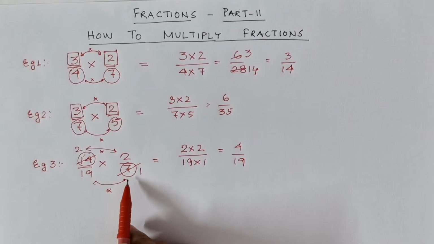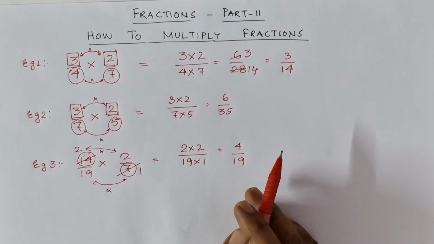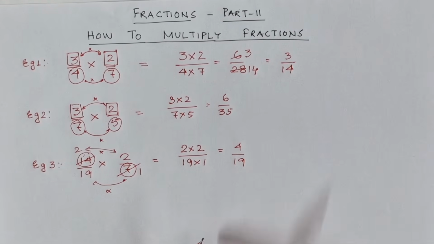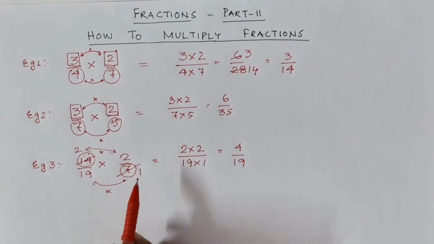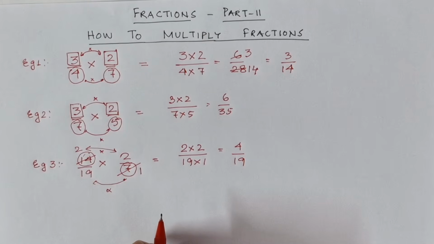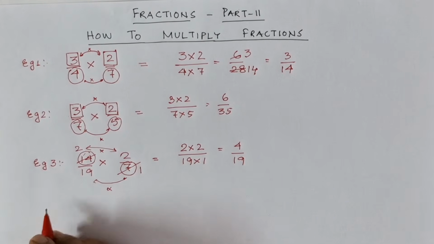So that could have given you what? 28 divided by 133. If you simplify that, it becomes 4 by 19. So it's always good and easy, and faster, if you cross cancel before you multiply, like this. Got it? Okay, let's take another example.